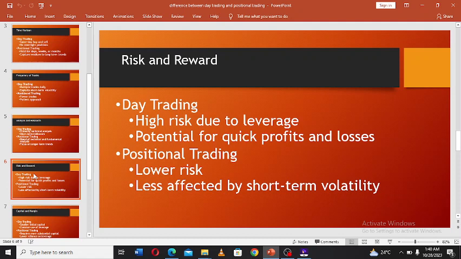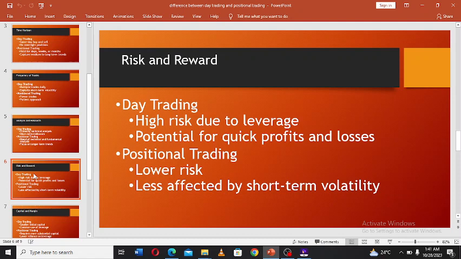That's what I mean by leverage in layman's words. Borrowing money from the broker just to increase their capital, and they can easily lose and profit from their trade because they focus more on short-term volatility in the market. While positional traders have lower risk, and they are less affected by short-term volatility.